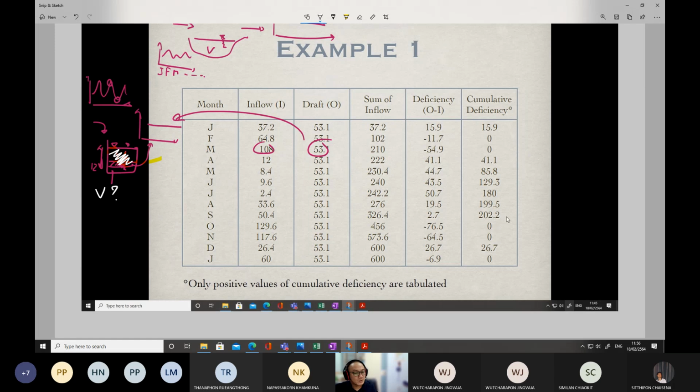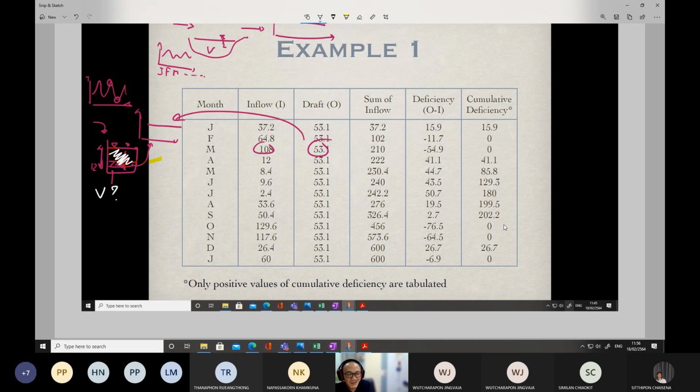So this 202 will be the capacity of the storage. We need to provide storage with a capacity of at least 202. The storage capacity is the maximum cumulative deficiency according to this table.